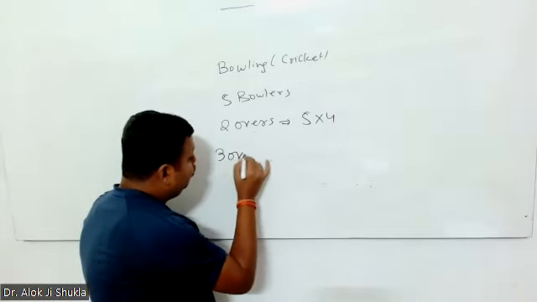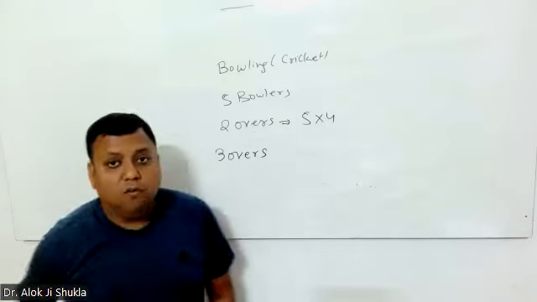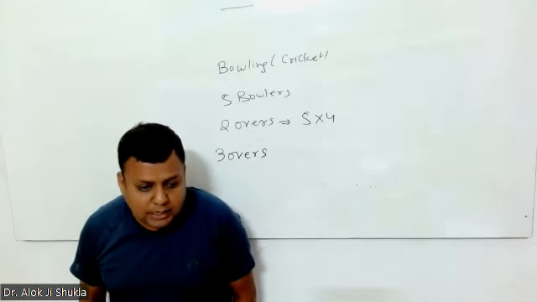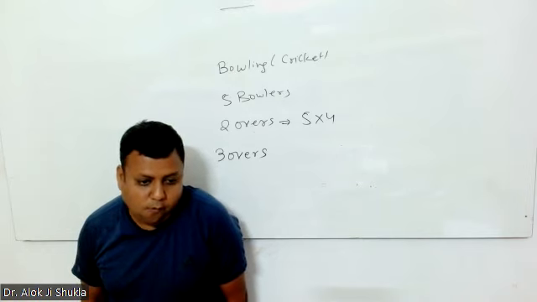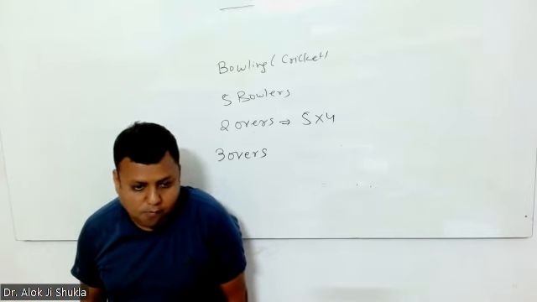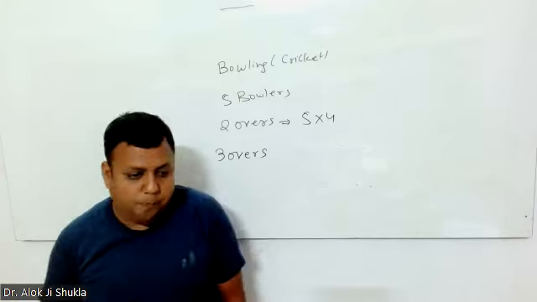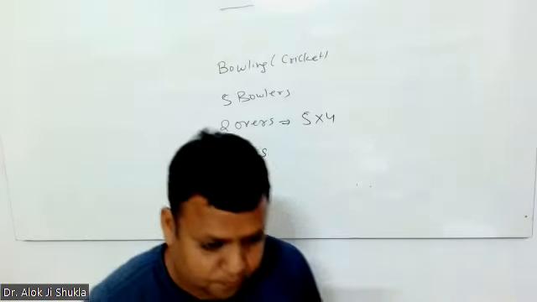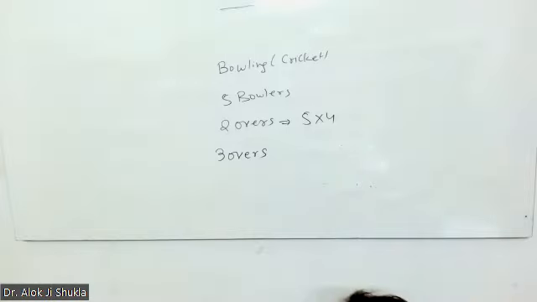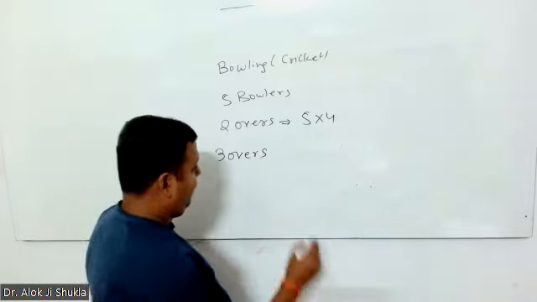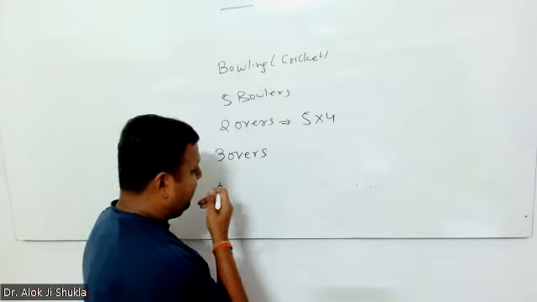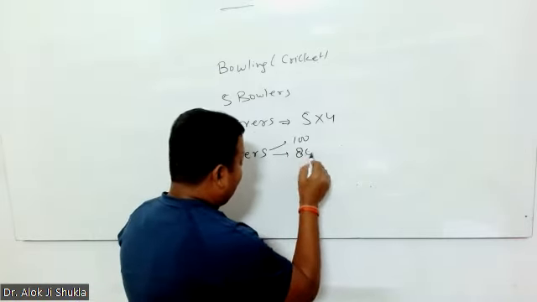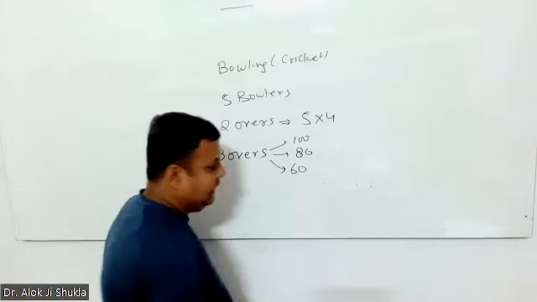If I have to choose from these 5 bowlers for a 3-over match, the number of options are, anyone? I am getting 100, 80, 60.